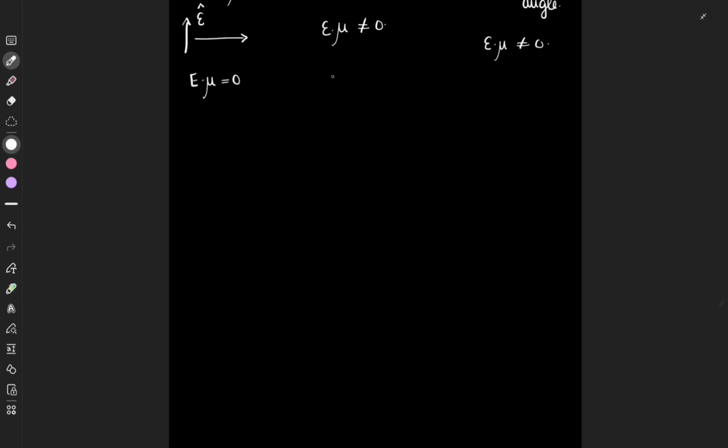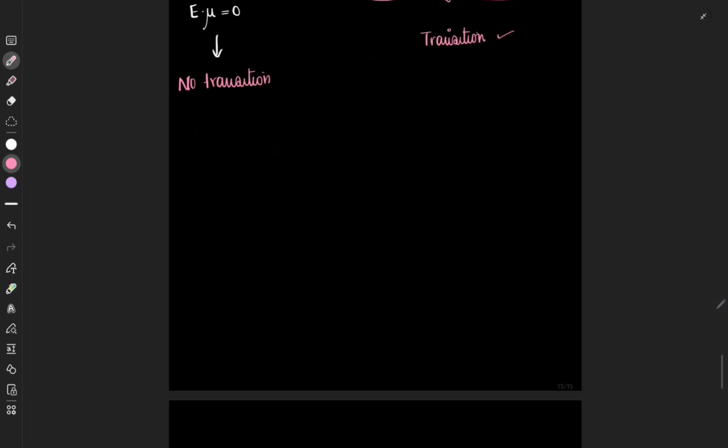So I'll write it as no transition, there will be transition. In these cases, the transition moment integral will not be 0, and therefore we can write the transition probability to be Pf of t.